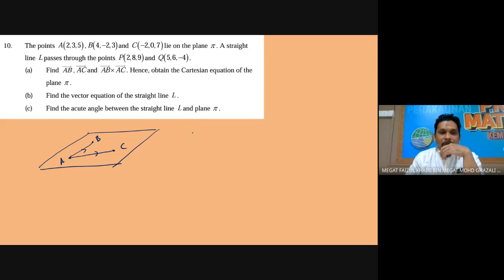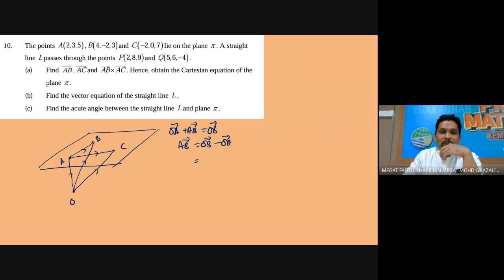Find AB. So just imagine that is the origin point 0, 0, to A, we have 0 to B, and also 0 to C. So OA plus AB equals OB, then AB equals OB minus OA.